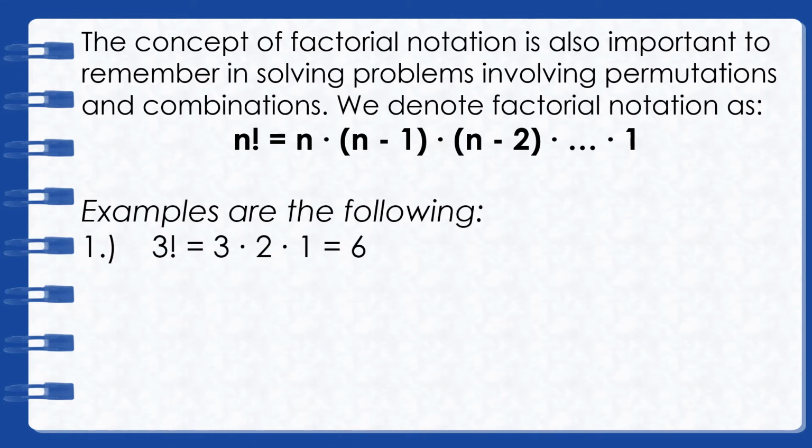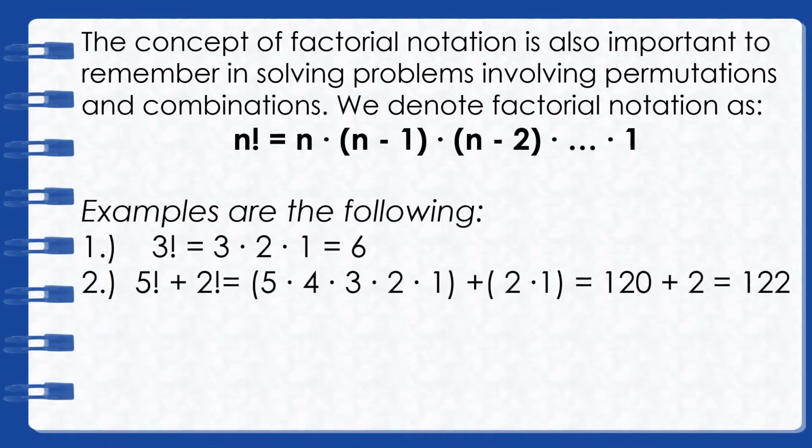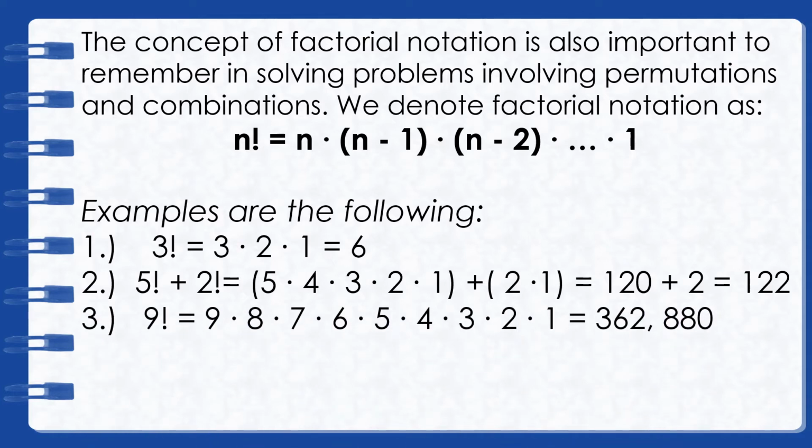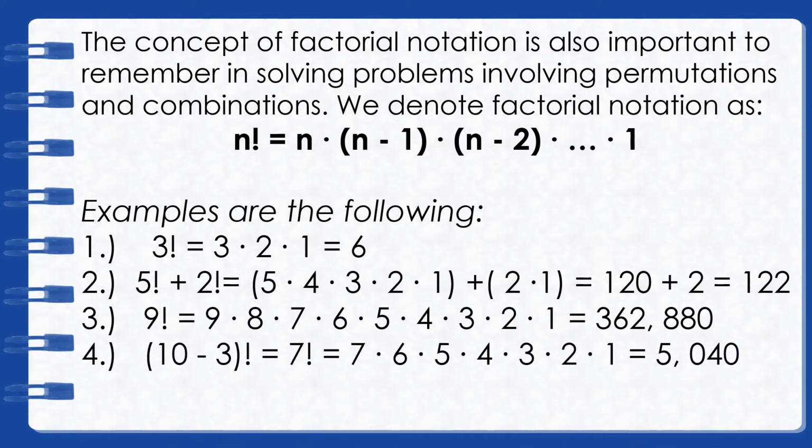Number 1, 3 factorial is equal to 3 times 2 times 1, which is equal to 6. Number 2, 5 factorial plus 2 factorial. So the answer is 122. Example number 3, 9 factorial, and it is equal to 362,880.